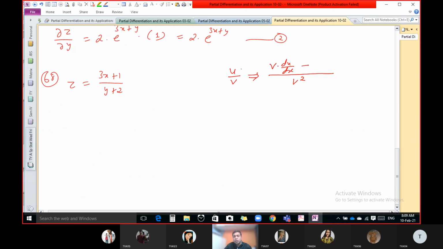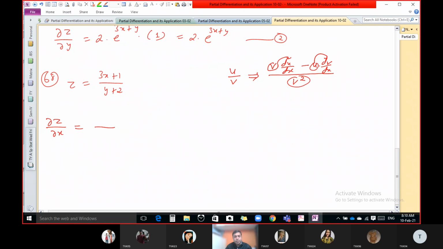Now keep u as it is and multiply that with the derivative of v. So first v as it is, derivative of u, minus u as it is, derivative of v, upon v square. So differentiate this with respect to x according to this rule.